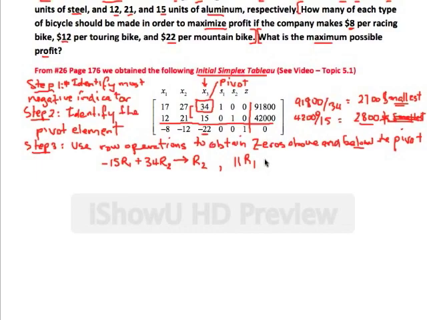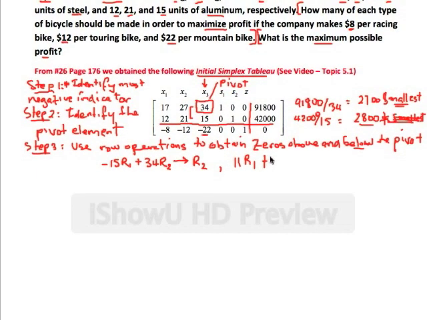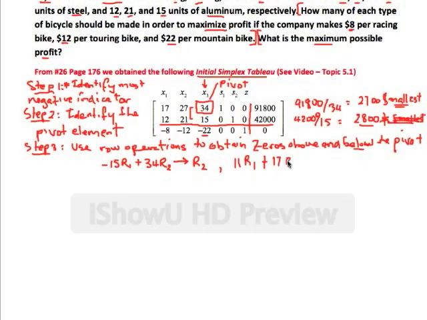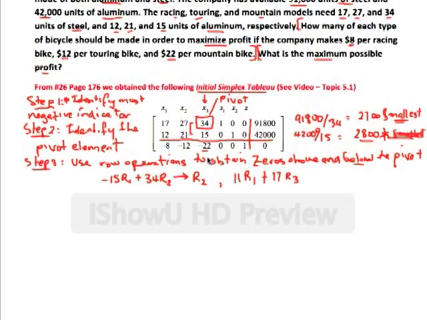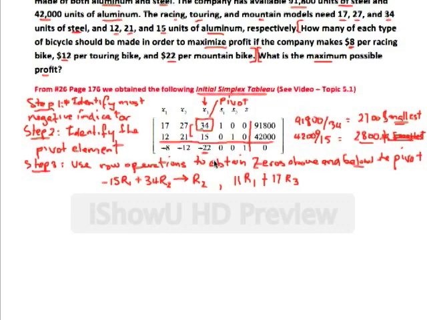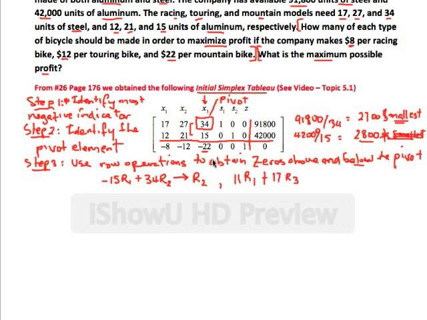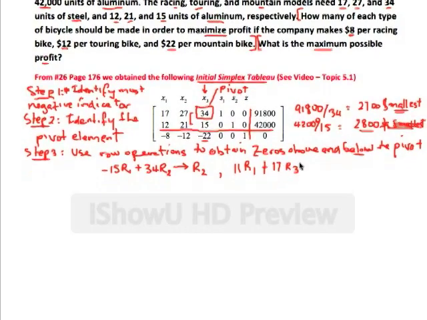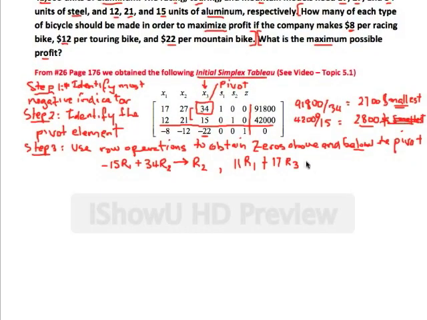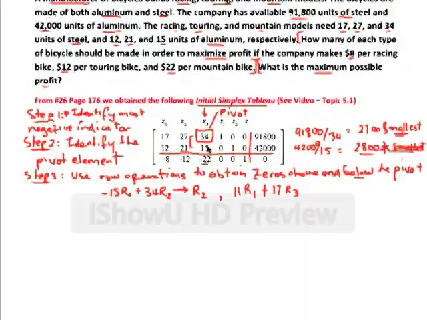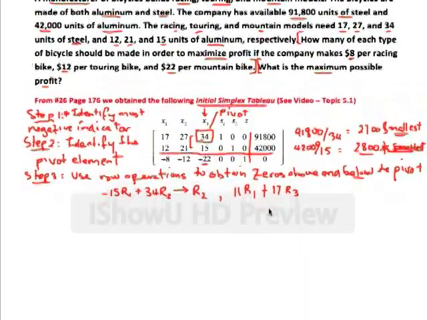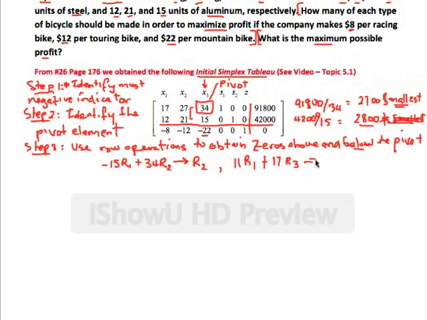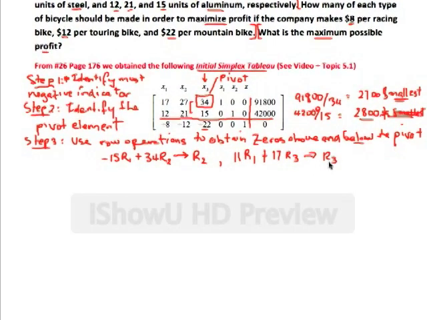We would want to add 17 times row 3. We already have a negative there, and 17 times 22 is also 374, so that's going to work. So 374 is going to be the least common multiple between 34 and negative 22, and that will produce a new row 3.